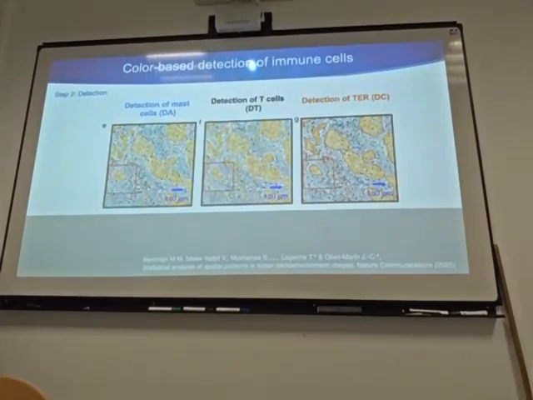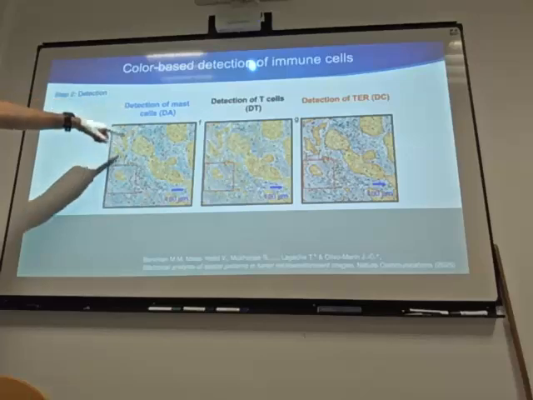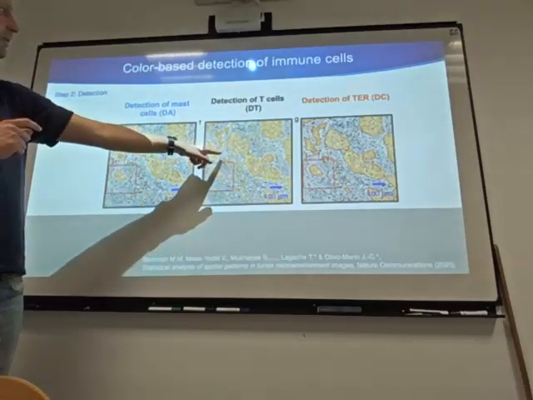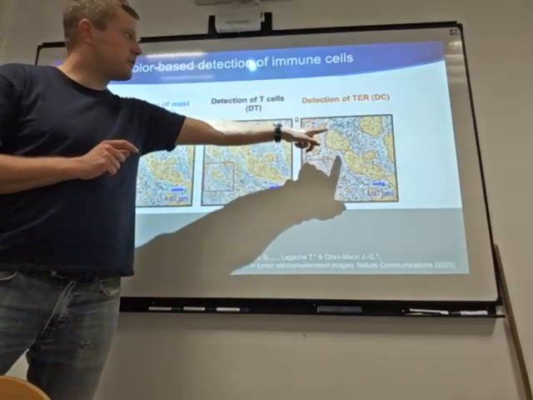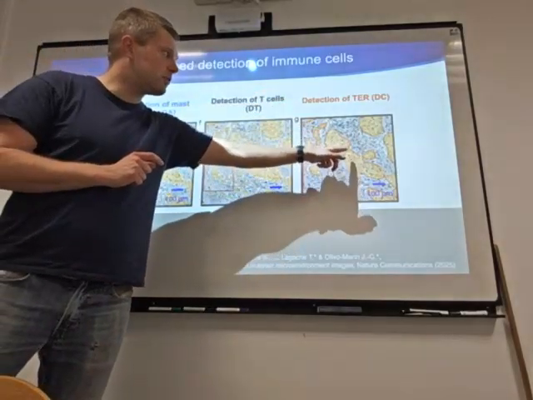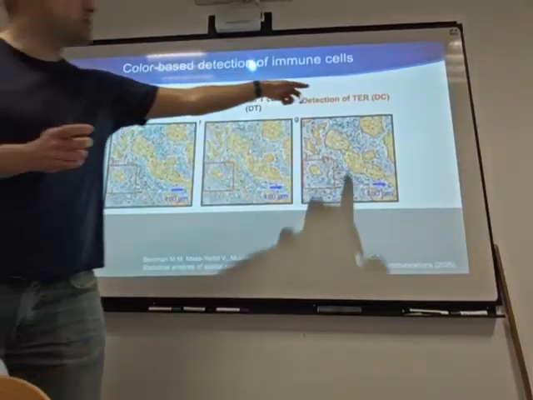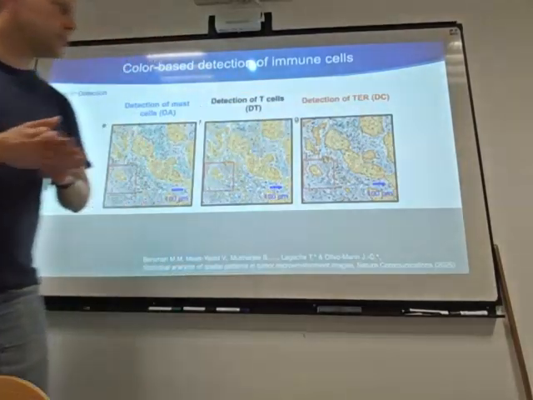We use some deep learning detection process that gives us the different, for example, the mast cells, which is one type of immune cells, and the T cells in yellow. And here we can also segment manually or automatically the border of the TER, which is tumor epithelial region.